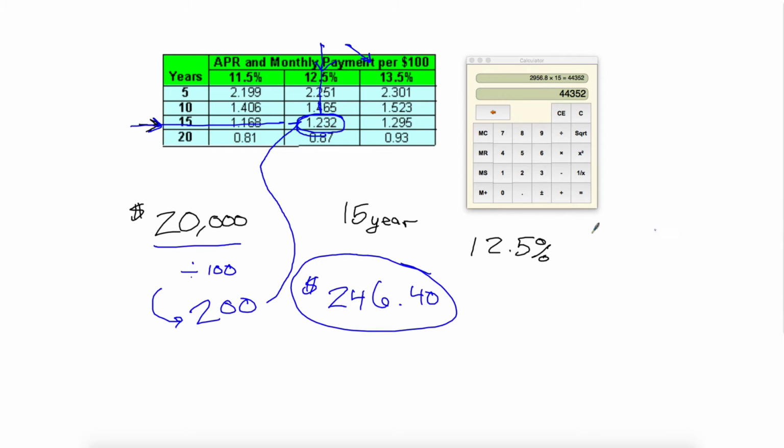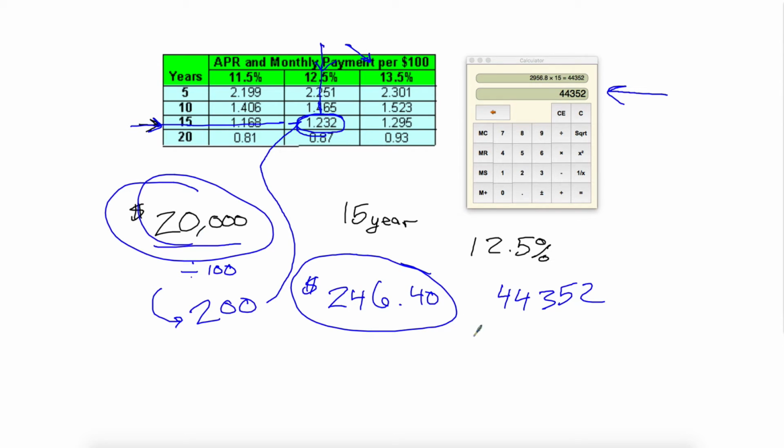So our total payments, everything we're paying, would be $44,352. So how much of that is interest? Well, just subtract the original amount. So we're going to minus 20,000, and we get $24,352 is our interest payments.